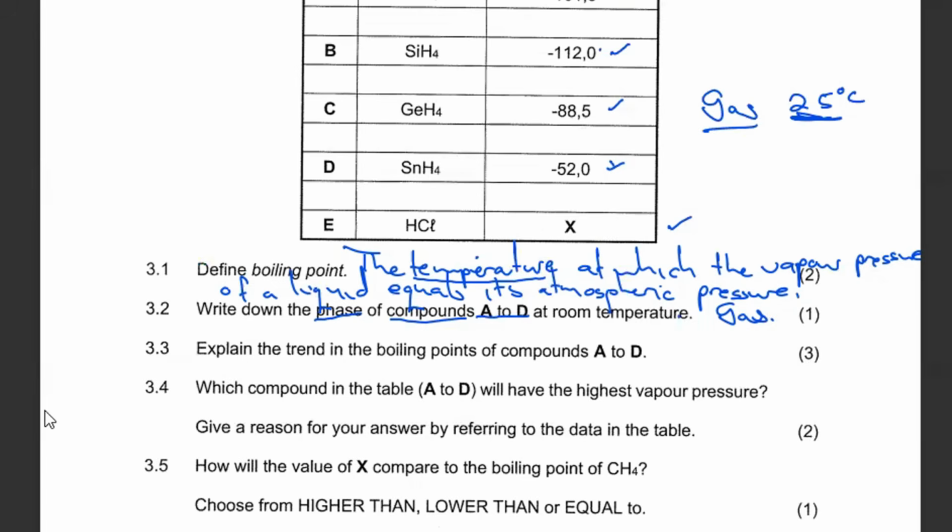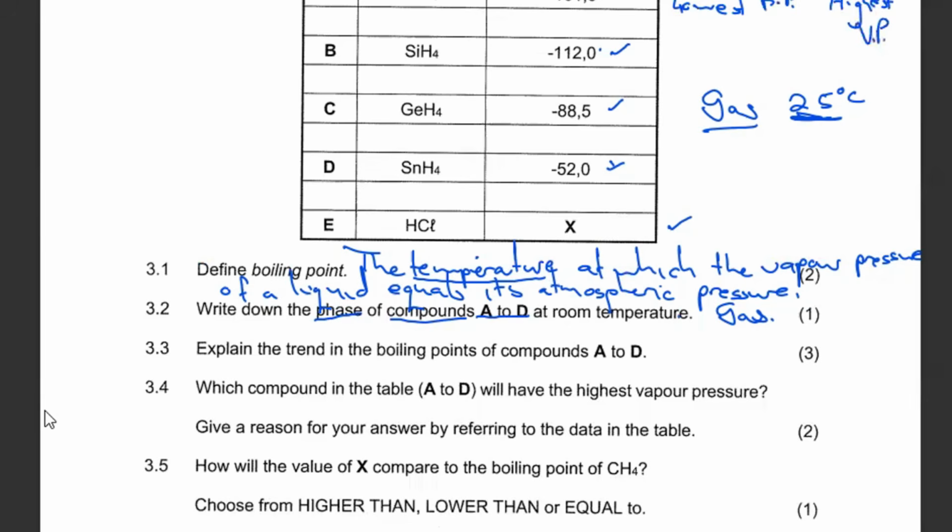When you have a higher temperature, it means we are going to have a lower vapor pressure. So which compound in the table A to D will have the highest vapor pressure? You can see A has the lowest BP, the lowest boiling point. It means it's going to have the highest vapor pressure.